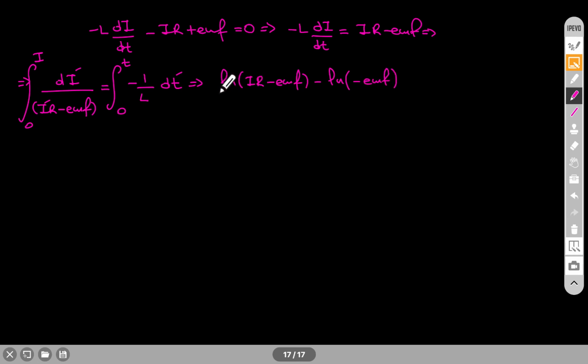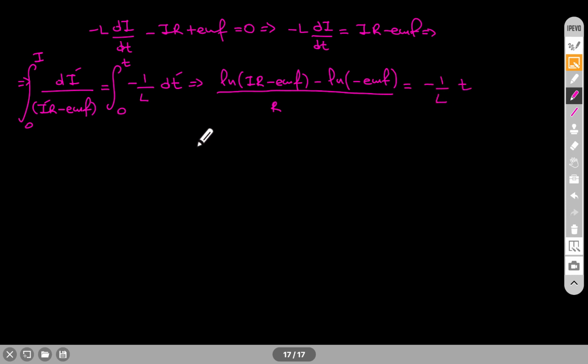And as I said, I do need to remember that because I'm multiplying the variable I prime with an R, the derivative of this will give me an R in the numerator, which to get rid of I need an R in the denominator. And this is equal to essentially minus 1 over L times t.